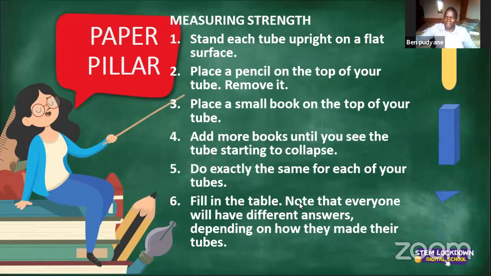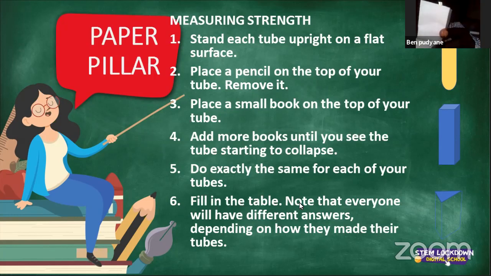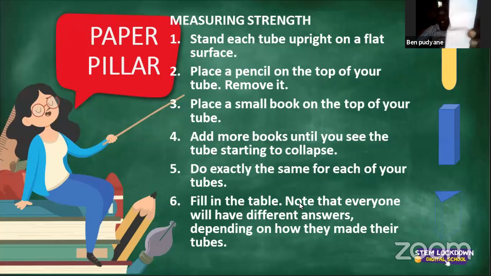You see, this shape was able to hold 6 books. This square tube was able to hold 6 books. You see where it failed? It had a bend here on its own, but it was able to carry 6 books.